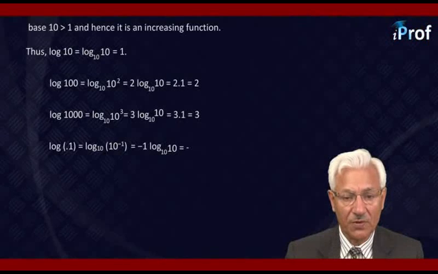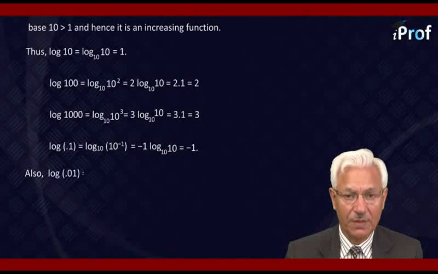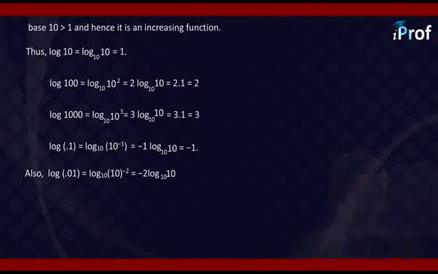Therefore log of 10 raised to power minus 1 is equal to minus 1 in common logarithms. Also, log of 0.01 can be written as log of 10 raised to power minus 2 to the base 10, which can be equal to minus 2 log of 10 to the base 10 equal to minus 2.